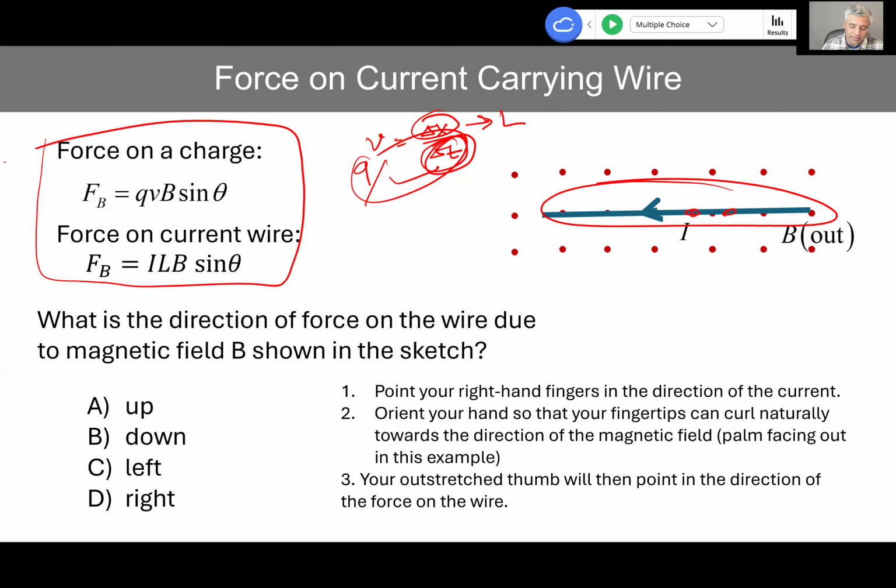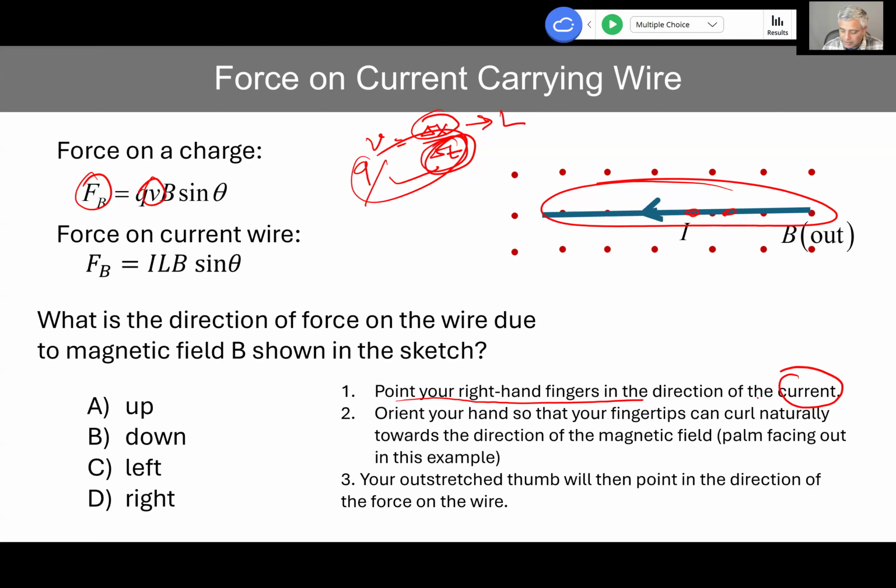Now, how about direction? To find the direction of force, we use the same technique that we used here. Now, rather than saying direction of v, since v is not there, we say I. So that's what it is saying. Point your right hand fingers in the direction of current, the whole thing like that, right?